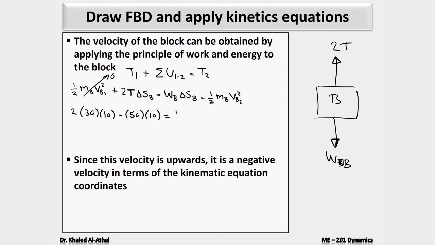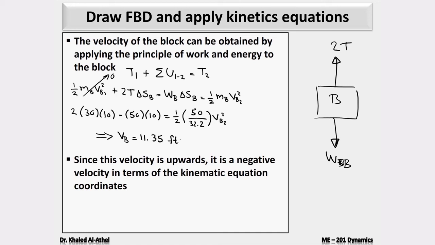This should equal half. The mass is not given, but I have the weight, which is 50, and to convert it to mass you have to divide by gravity, which in British system units is 32.2. This multiplied by VB2 squared.